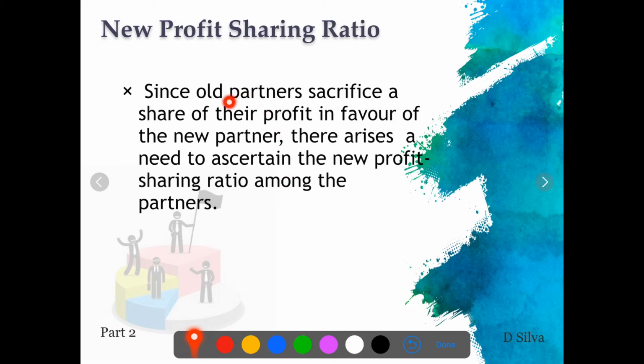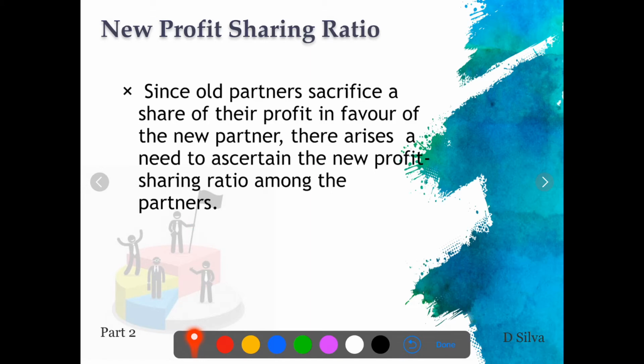Because the old partners are sacrificing their share of profit. This we have learnt under the heading sacrifice ratio: how exactly partners sacrifice their share of profit to the new partner. Therefore, there is a need to ascertain the new profit sharing ratio among the partners.